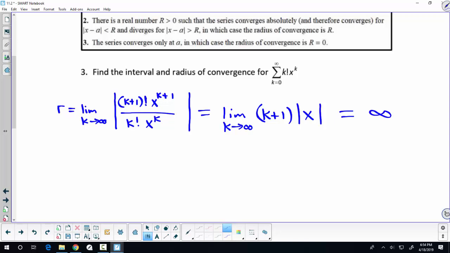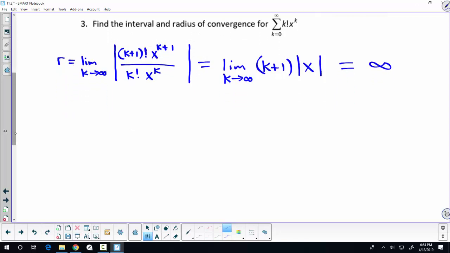If you want to think about this in two cases, you've got the case where x is equal to 0, and the second case when x is not 0. Really, there's nothing to solve for once we've noticed that, because in case 2, when x is not 0, the ratio is infinite, which diverges.